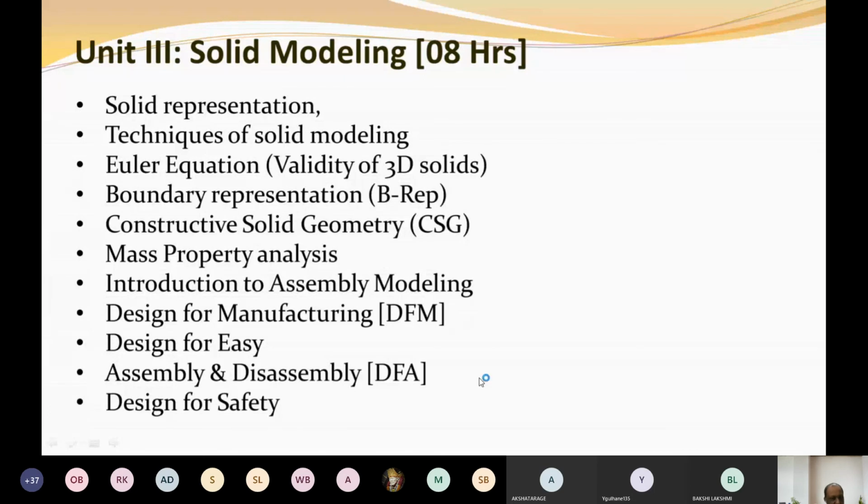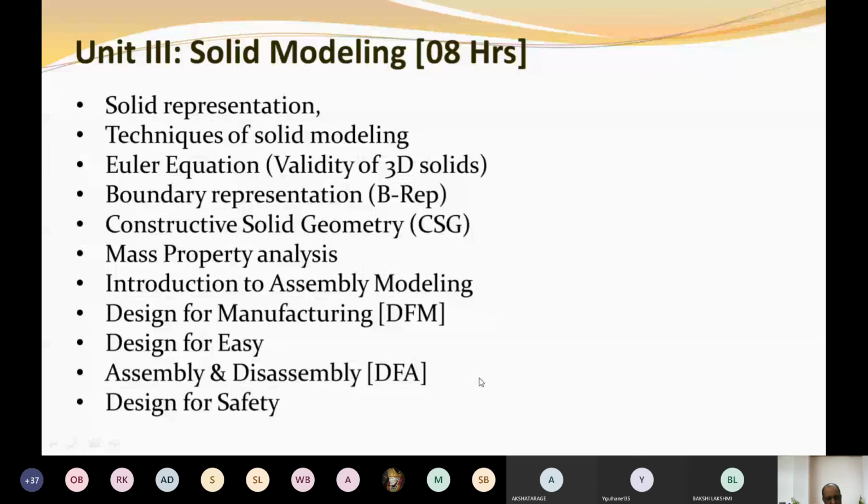Instead of remembering the sequence, we can refer to the product guide or brochure. On that brochure, one diagram is given, where instead of the entire assembly, the various components are shown one after another. After looking at that, we can visualize how this product can be assembled.